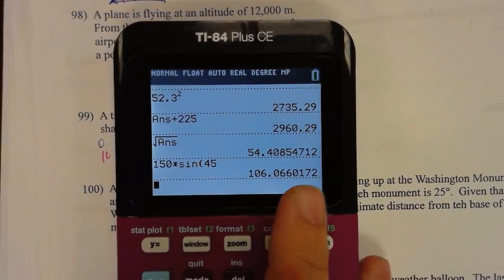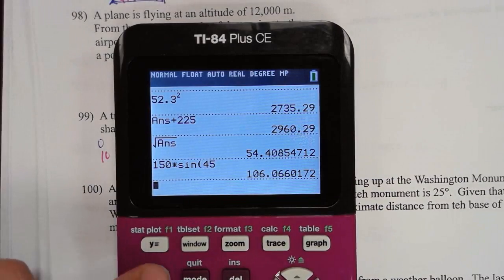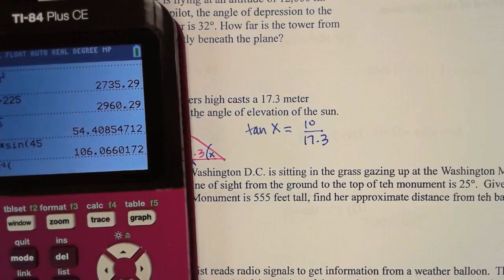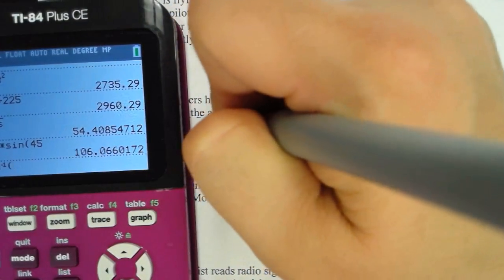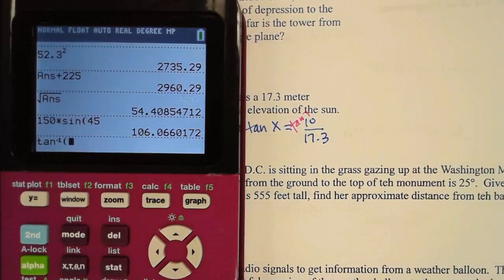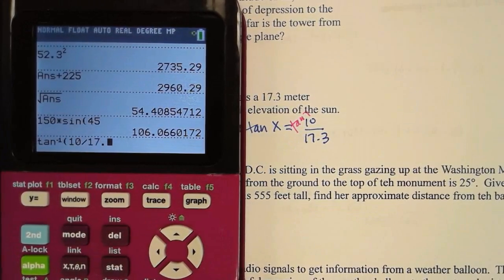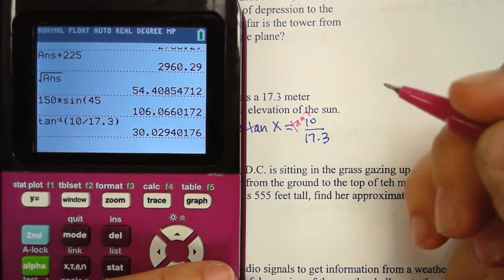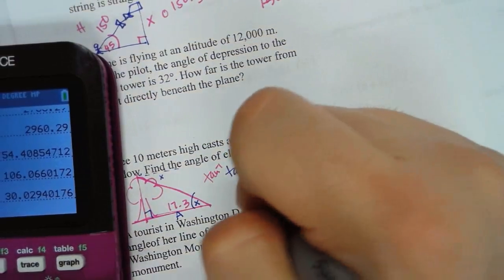This is a function. How do you get rid of the tangent? It's the inverse tangent. So I'm going to take the inverse of both sides. Tangent inverse of 10 divided by 17.3 is 30. X equals 30.